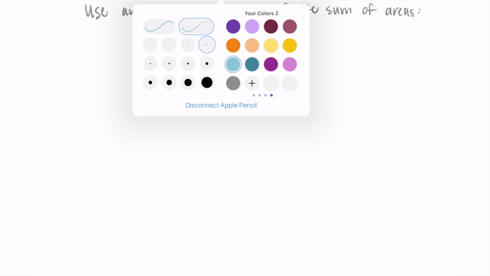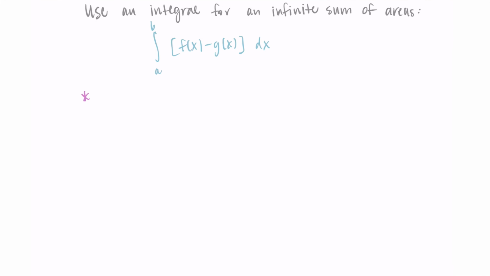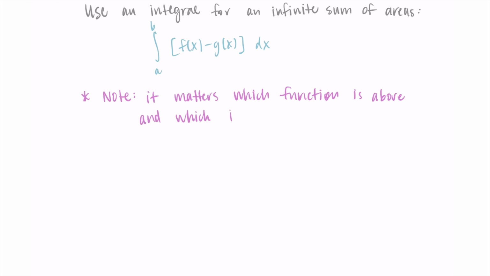As a note, it matters which function is above and which function is below. So when we do problems involving finding the area between curves, we'll just need to make sure we figure out which function is above and which function is below.